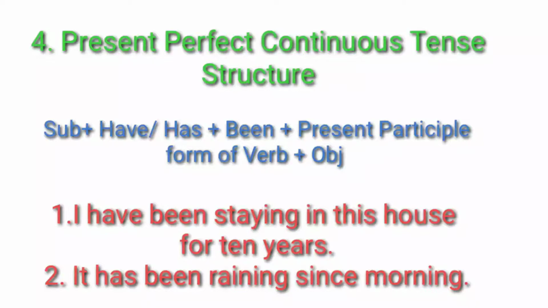So here also we have to use present perfect continuous tense, because maybe it is evening, maybe it is afternoon, but it started raining in the morning. Morning itself it started raining, and it is a continuous downpour. It's raining continuously since morning. It has been raining since morning.